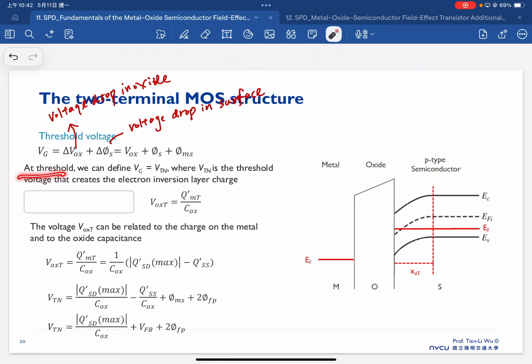So at threshold, we can define Vg equal to VTN, where VTN is the threshold voltage that creates the electron inversion layer charge.